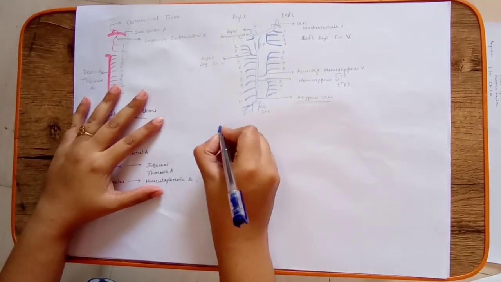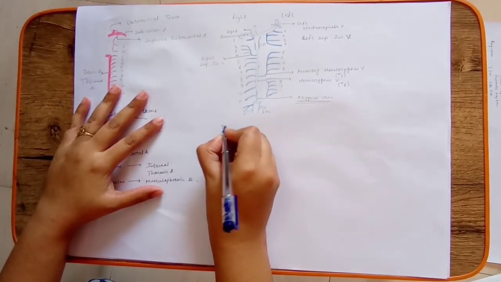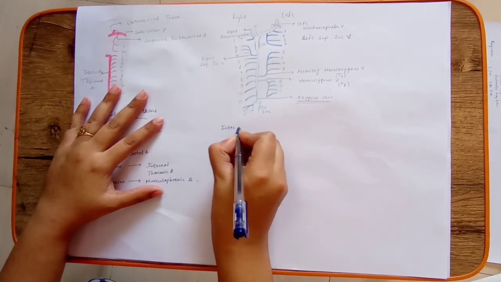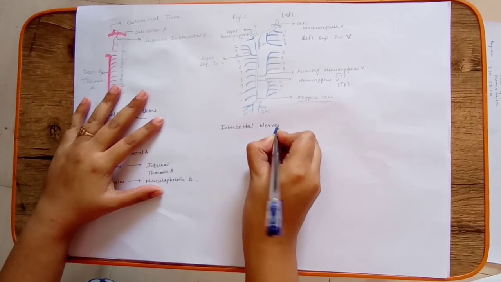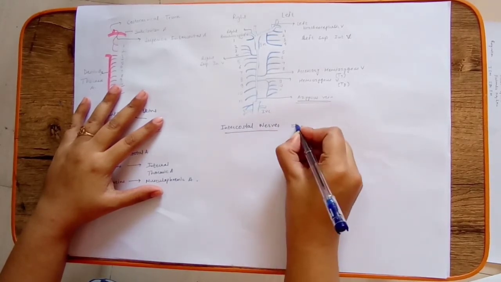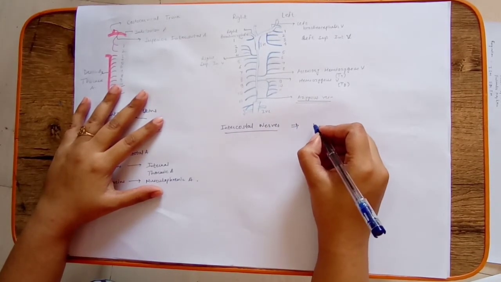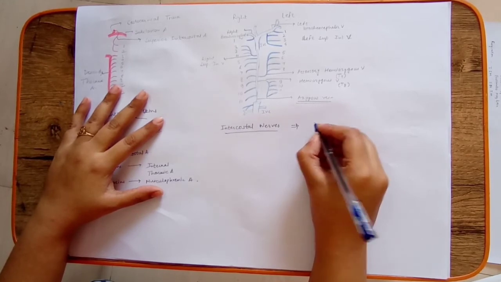Now we'll see the intercostal nerves. Intercostal nerves are nothing but the ventral rami of thoracic spinal nerves.